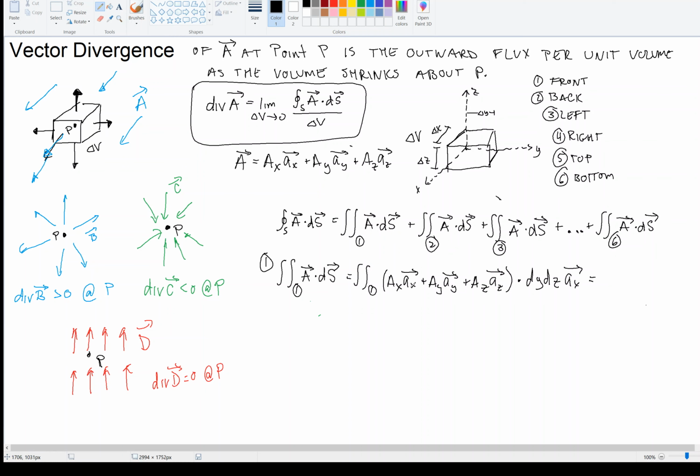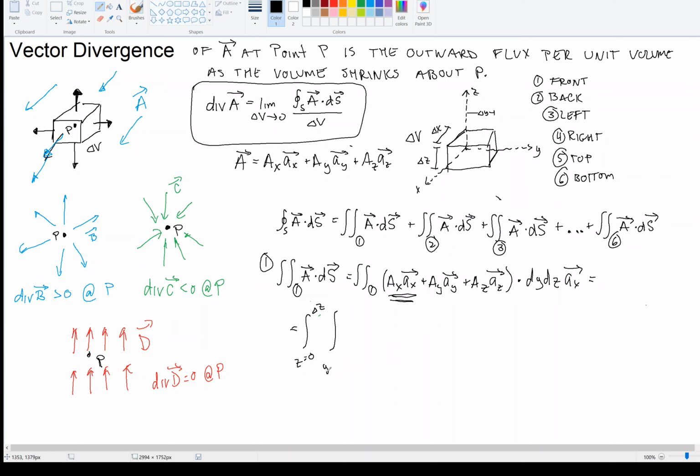So now all I really have is this term that I need to be worried about, and I also will have dy dz times that. And so I also need to ask myself how y and z are changing. That will help me set up my bounds of integration. So z is changing from, we put this thing at the origin, so z is changing from 0 to delta z.